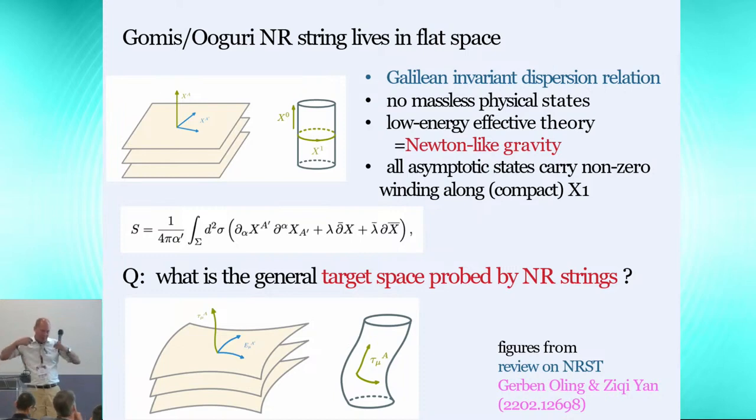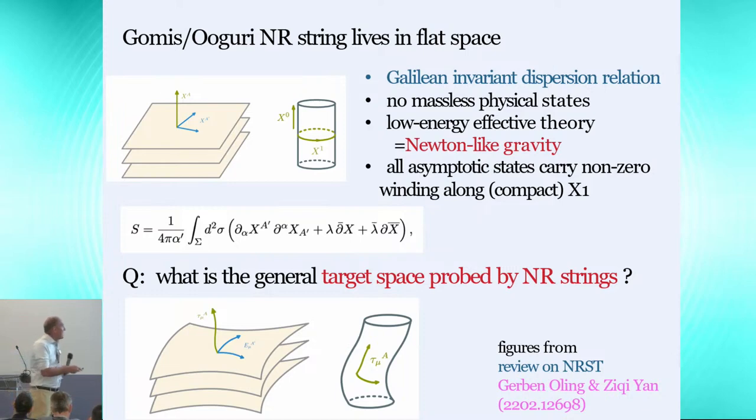Namely, you take a near critical limit, switching on a near critical B field for a string, using the fact that the string is an extremely charged object, not particle, string. This is an interesting self-consistent UV complete corner of string theory with a Galilean invariant dispersion relation. Here's the action in conformal gauge on a flat background.